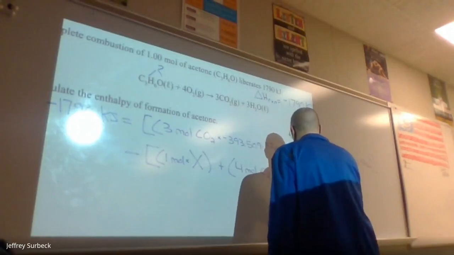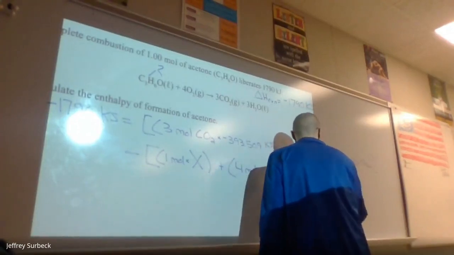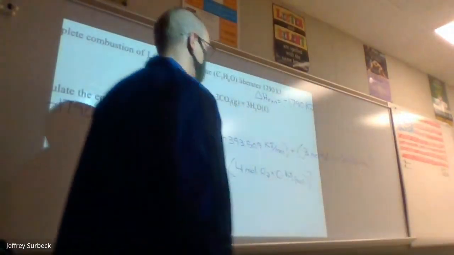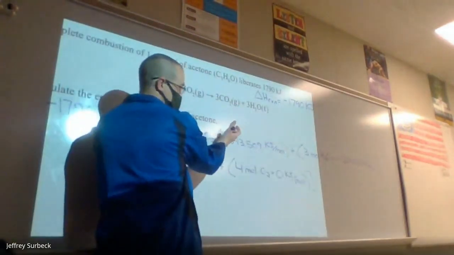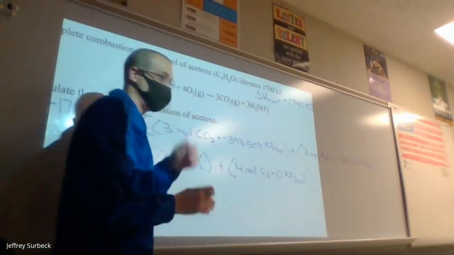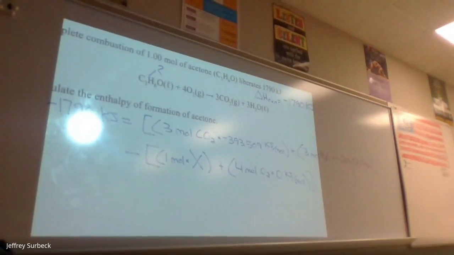Now, our solving is going to be a little bit different. What I would do, everything in this first bracket, I would put that into your calculator. So we'd start out with parenthesis, 3 times negative 393.509. Another parenthesis to close it out, plus 3 times negative 285.83.